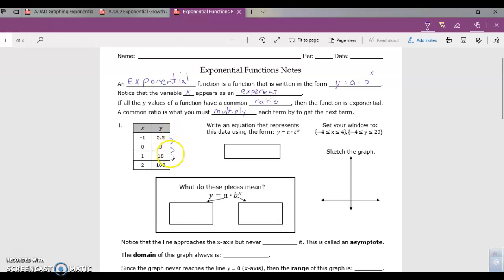Now one way you could do this is just take the next term divided by the previous term. So if you took 3 divided by 0.5, that would tell you exactly what you multiplied 0.5 by to get 3. In this case, it would be 6.